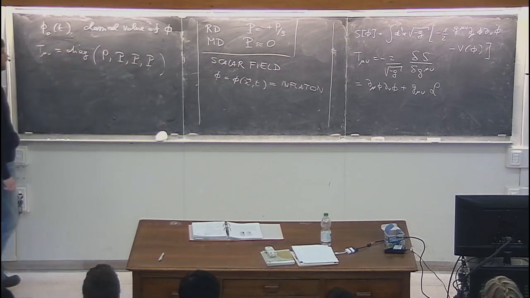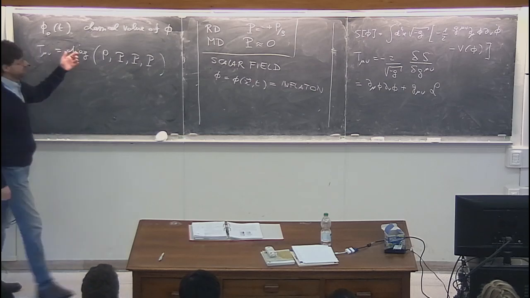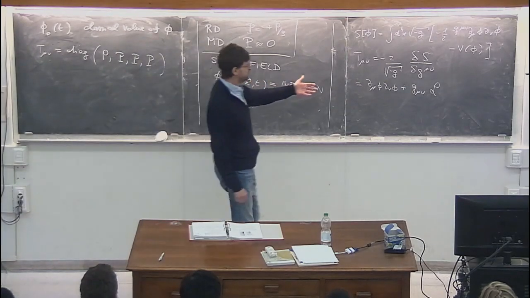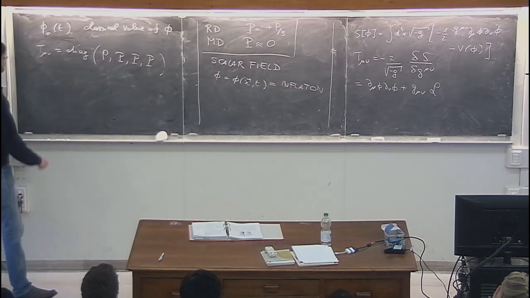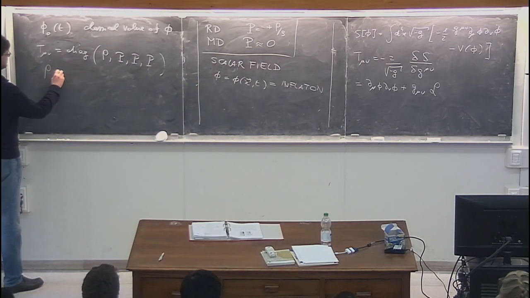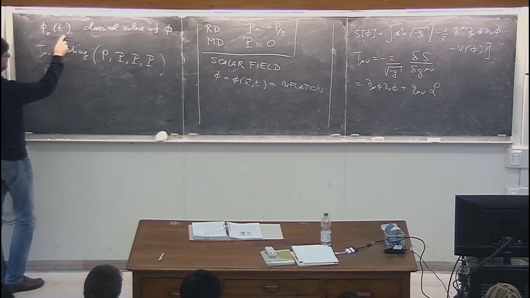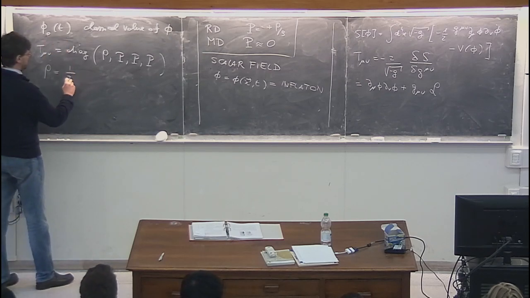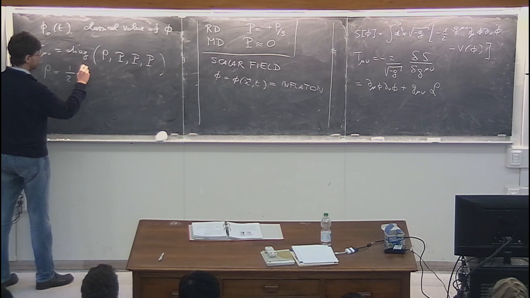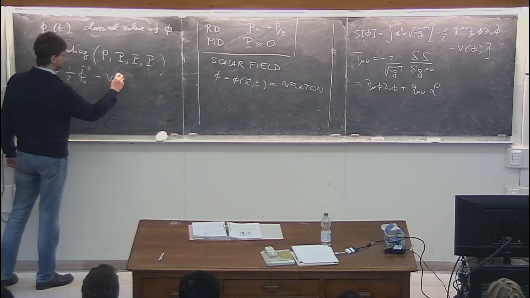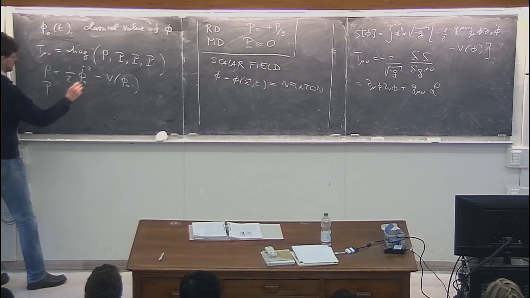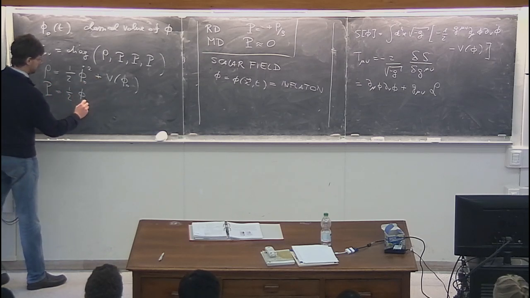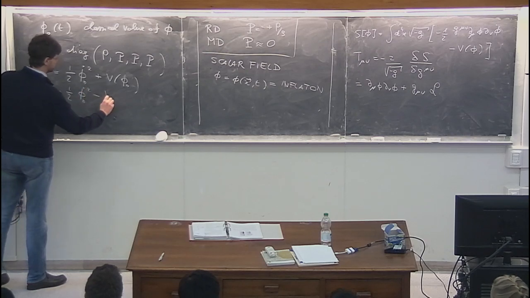And if you combine this definition with this definition, you compute the 0, 0 component and so on, what you're going to discover is that the energy density associated to this particular configuration is 1/2 phi 0 dot square plus v of phi 0, and the pressure is 1/2 phi 0 dot square minus v of phi 0.